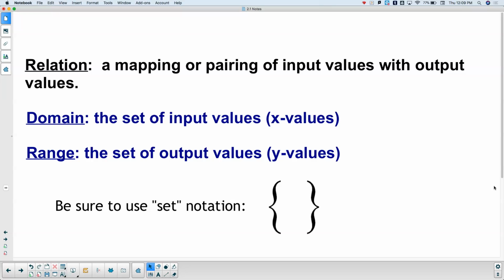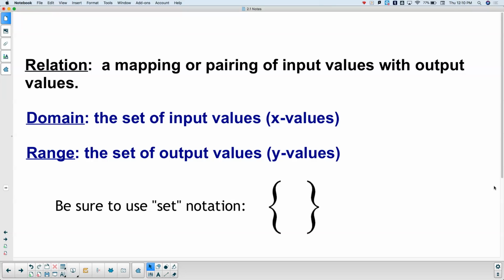When we're talking about domain and range, we have to use set notation, which is kind of those two funky, fancy type things. Now, I am good at some things. I'm average at most things. And there are some things that I am really bad at. Okay? Drawing those things is not part of my skill set. Okay?